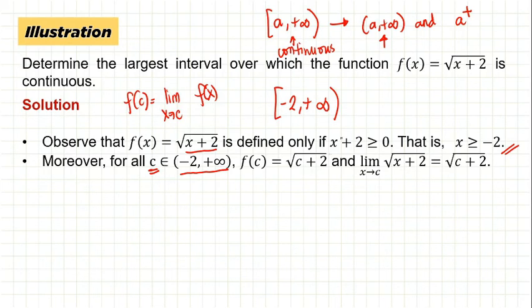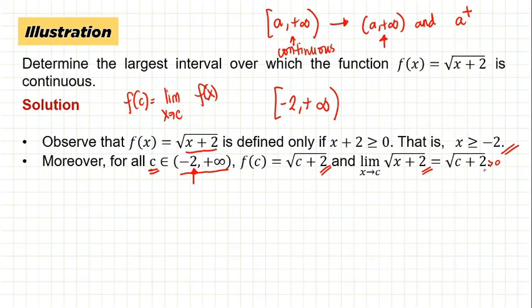So we have solved here f of c, and that is equal to, so we will just substitute c to our function. So si x magiging c, so we have square root of c plus 2. Okay, so we have this one. And the limit of f of x as x approaches c, f of x is square root of x plus 2, so we will just do direct substitution, so that will become square root of c plus 2. Is this greater than 0 yung nasa loob? The answer is yes, because our interval hindi kasama si -2.